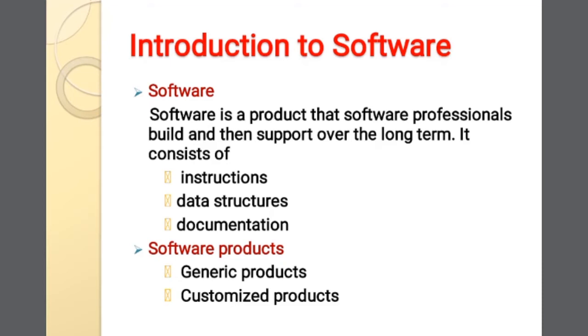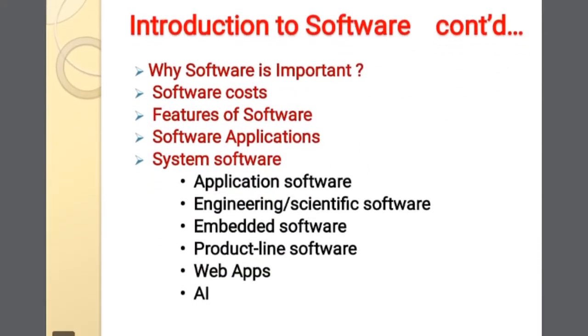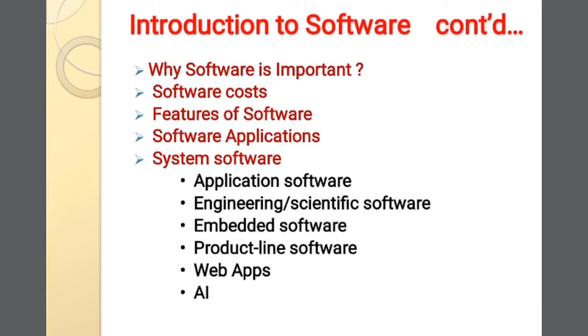For example, your PC softwares, or CAD softwares like those dentists use, which are actually for some specific markets. Talking about customized products, these softwares are commissioned by a specific customer to meet their own needs. For example, air traffic control softwares, embedded control systems, traffic monitoring systems.